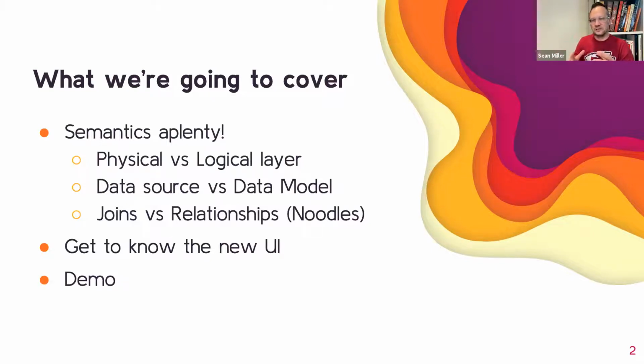We're going to talk about the similarities and differences between data sources and data models. In the old world, you were creating data sources, but now you'll be creating data models, and we'll talk about why in just a little bit. And lastly, we're going to talk about the difference between a join and a relationship.